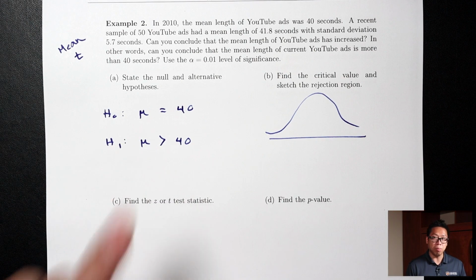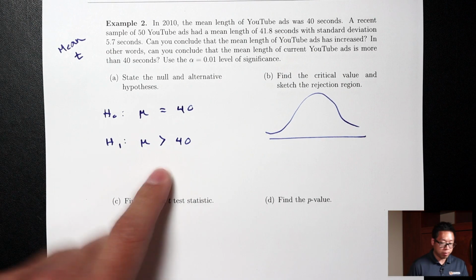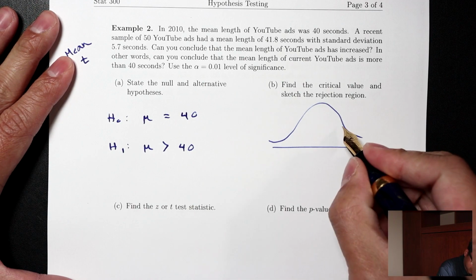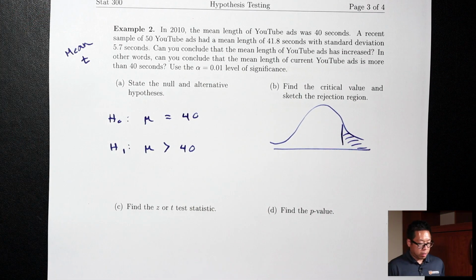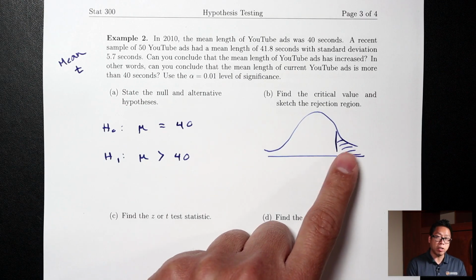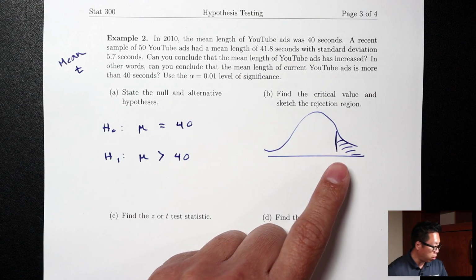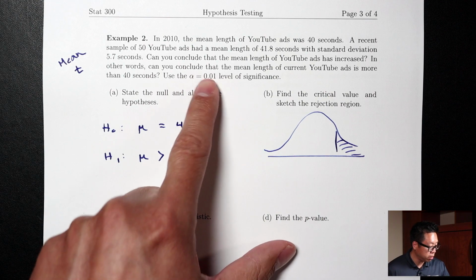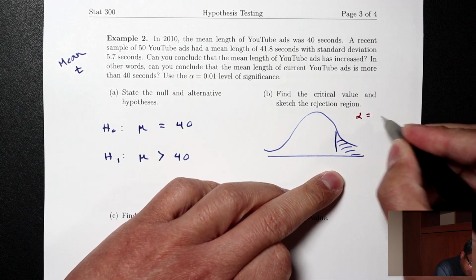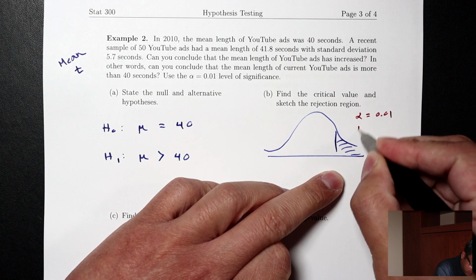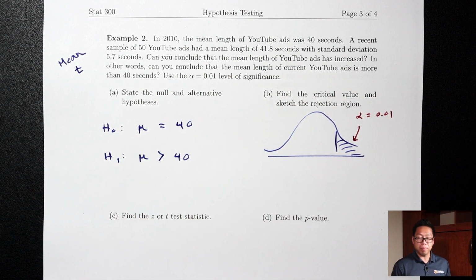If it's not equals, it will be two tails. This one is a greater than, so this will be shaded to the right. For part B, the shaded area is the alpha. So our alpha here is 0.01. That's the shaded area to the right.